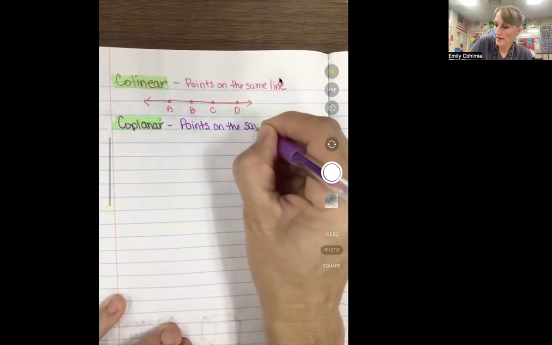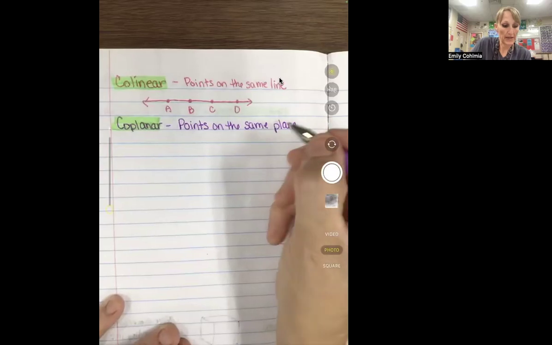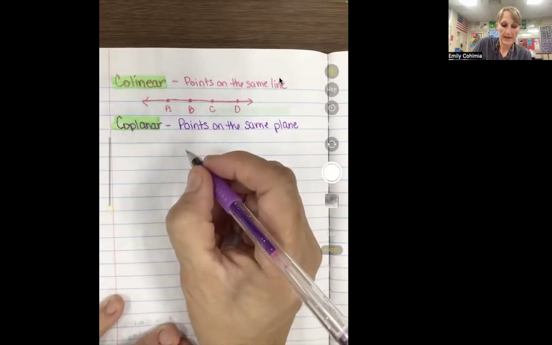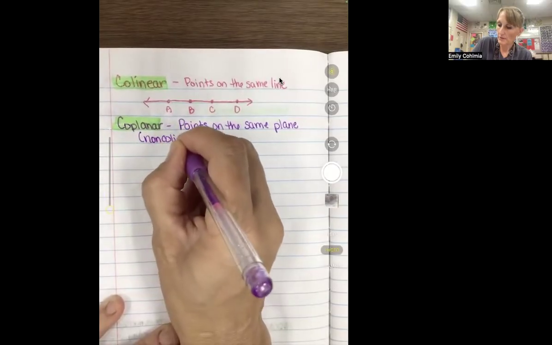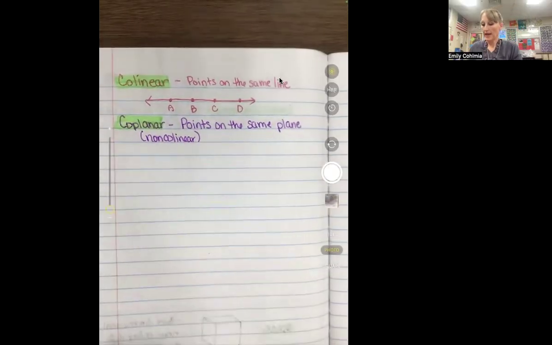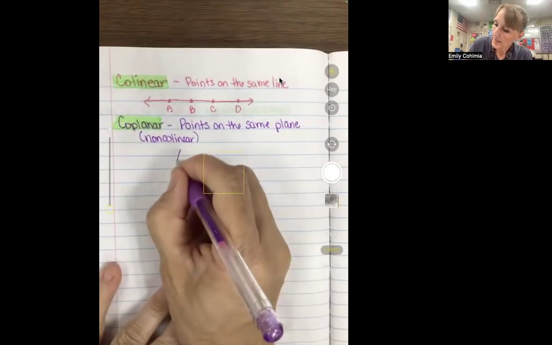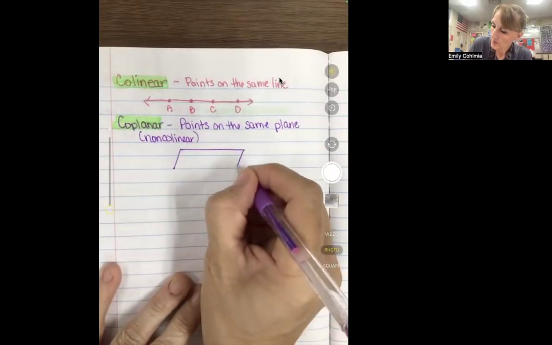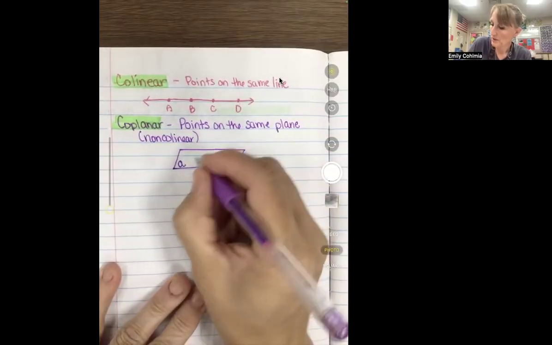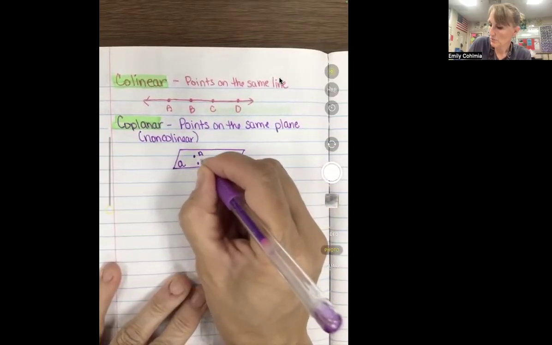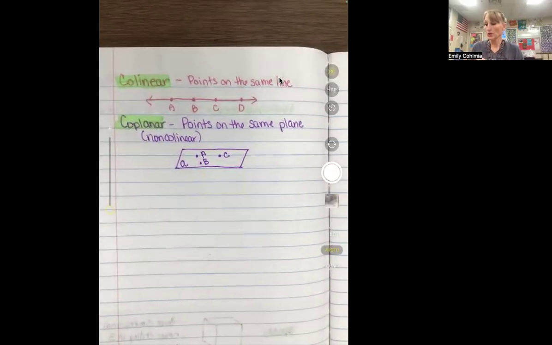The only kicker to that is if they are on the same plane, they have to be non-collinear. So in other words, they cannot be in a line. So if we have a plane, let's say we have plane A, then points A, B, and C are known as collinear, or I'm sorry, coplanar points.